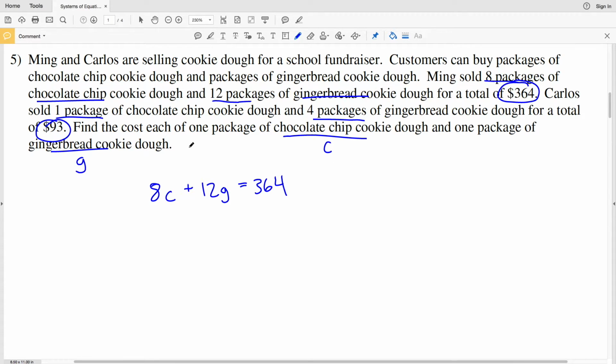Now Carlos only sold 1 package of the chocolate chip cookie dough, so that will be 1C plus 4 packages of ginger, so 4G, and that will total 93.